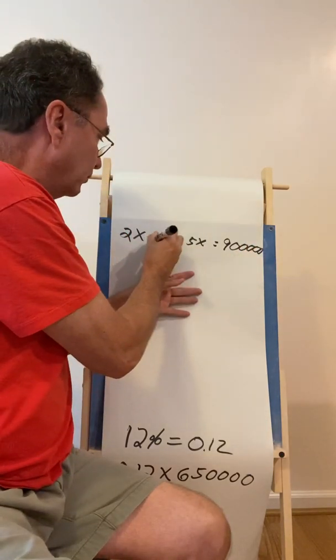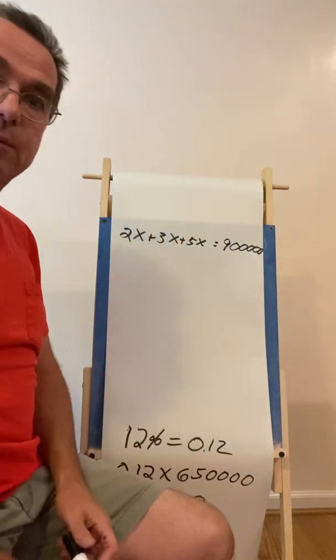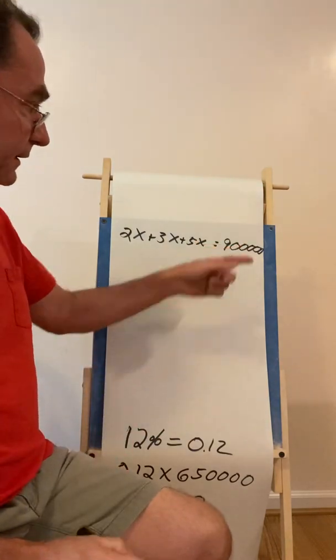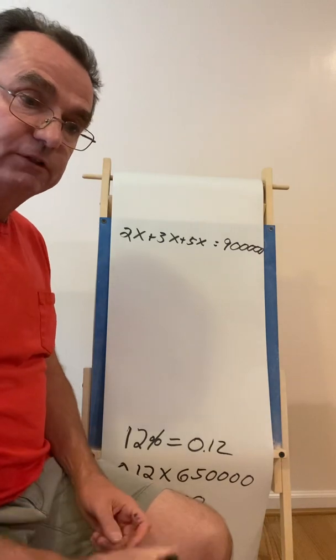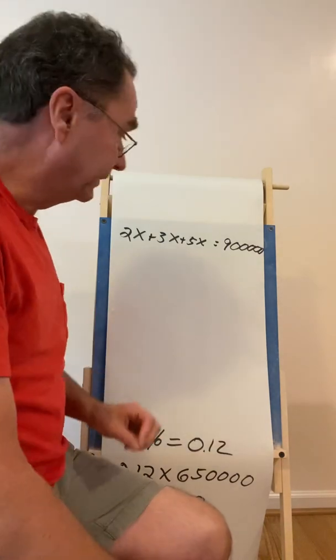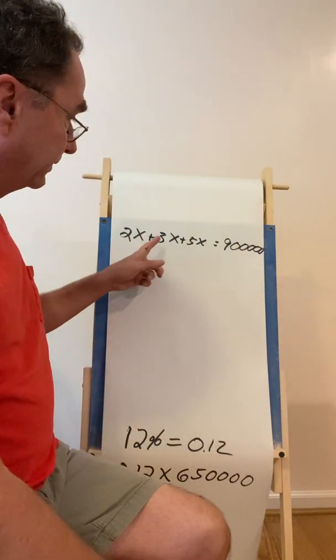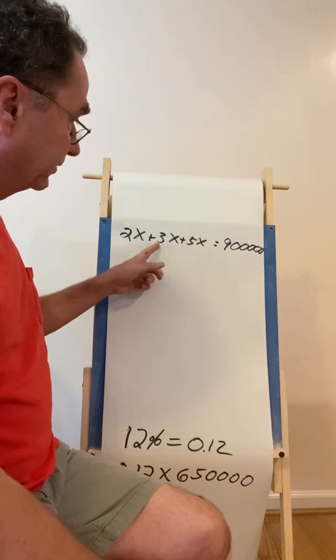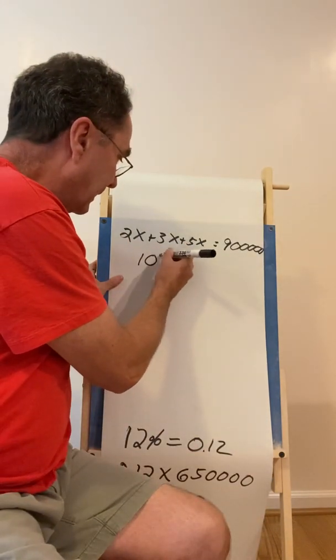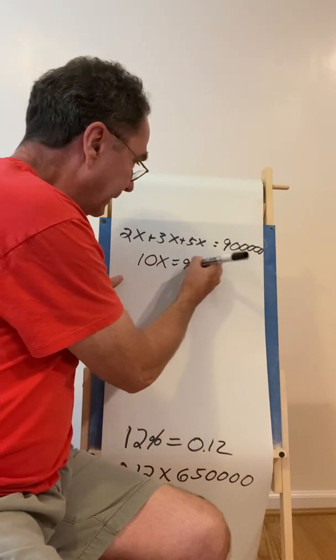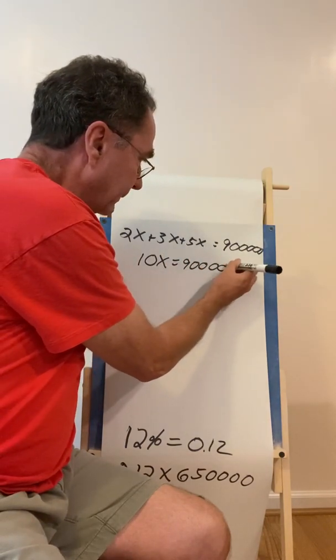Now you take those 3 parts and you add them and you will get the 900,000. So this is the equation. When we solve this for X, that will be how much a part is. So 2X plus 3X plus 5X, 2 plus 3 plus 5 is 10. So that is 10X equals 900,000.